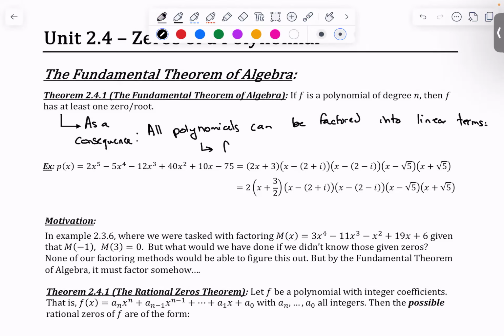That is, f of x equals a times x minus c sub 1 times x minus c sub 2 times ... times x minus c sub n. Let's write that down and then we'll understand the implication of that statement, because while it doesn't seem like a big deal, it is. And I'll explain why.